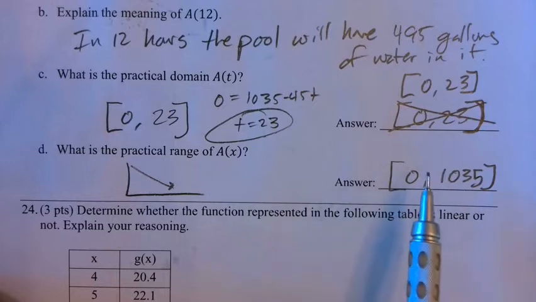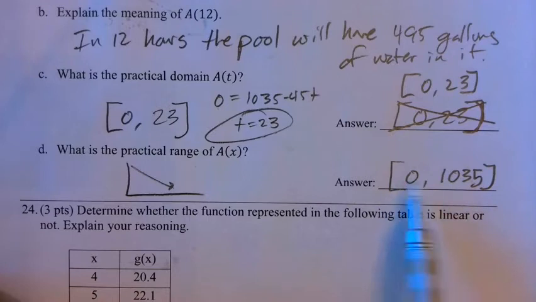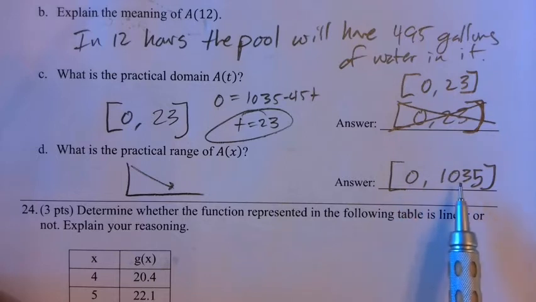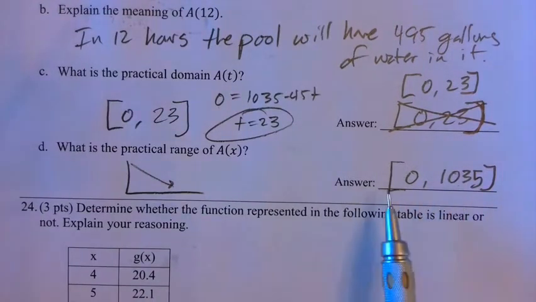Remember, your domain and range always go from the smallest number to the biggest number. If this is backwards, it is wrong. Okay? Practical range goes from 0 gallons to 1035 gallons. Even though this is the starting gallonage, is that a word? I think so. And this is the ending gallonage. So be very, very careful in that.